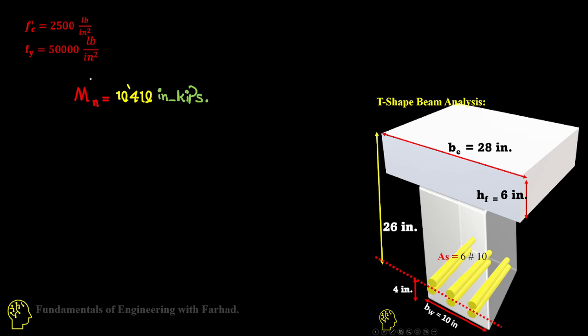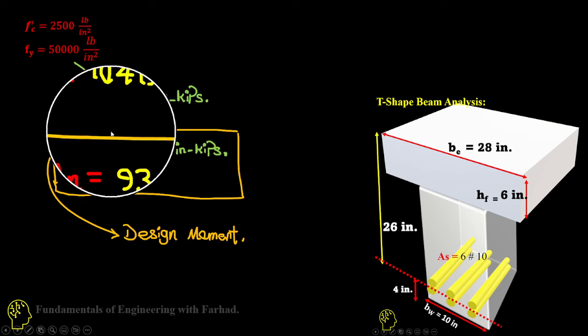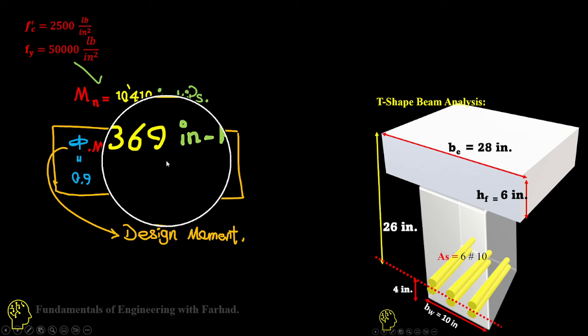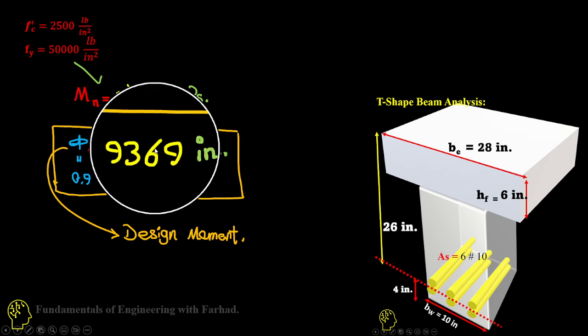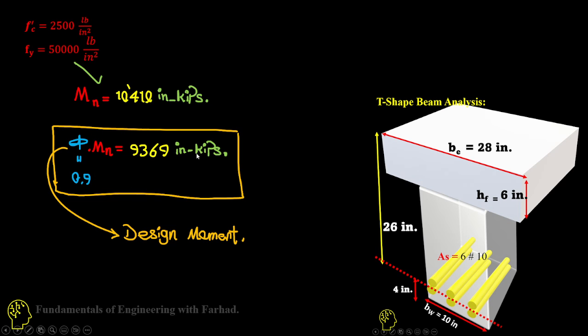That's our nominal moment capacity, and if you multiply that by phi, which is 0.9 for a flexural ductile member, that gives you the design moment of 9,369 inch kilopounds. We are done with the problem; we just need to see if we are ductile or not.